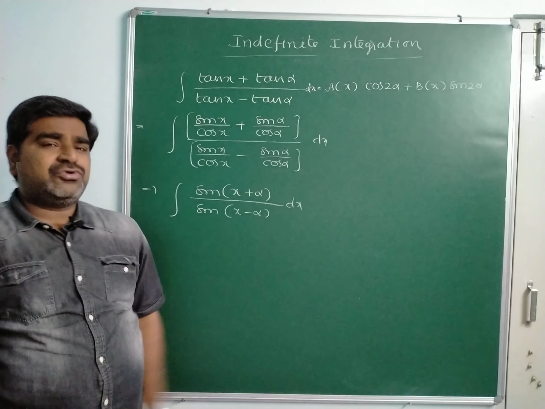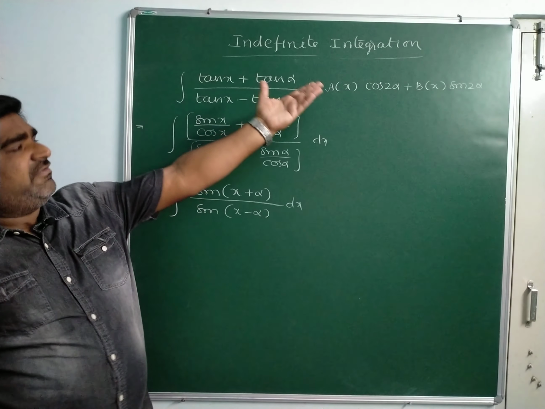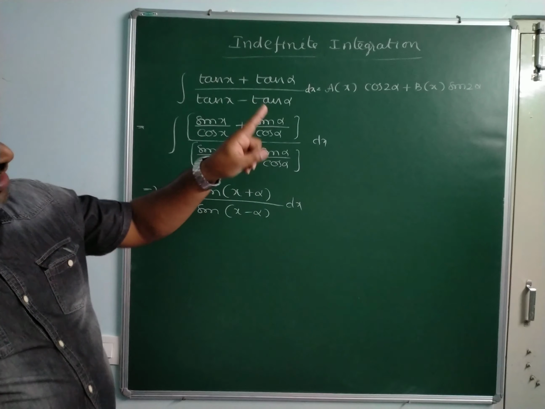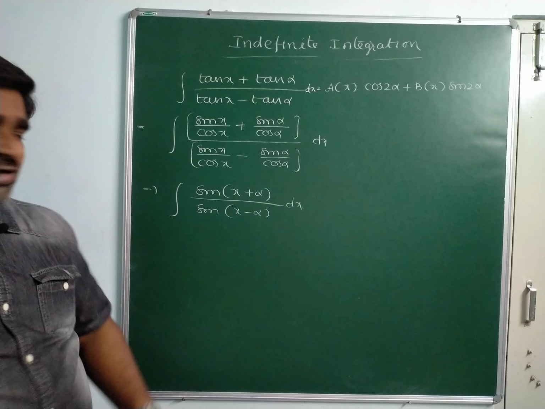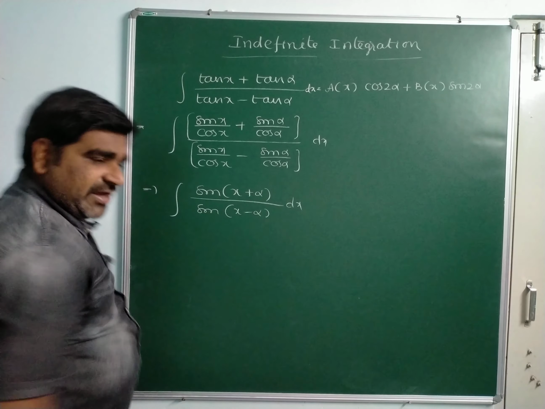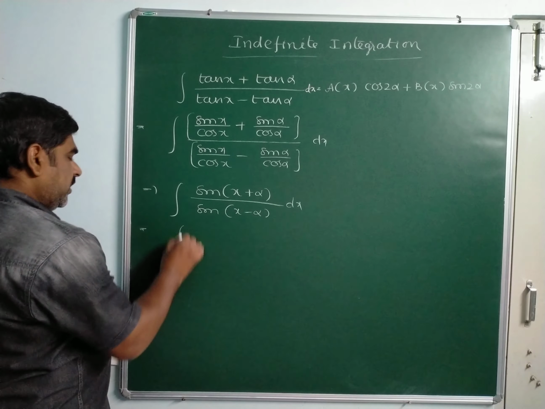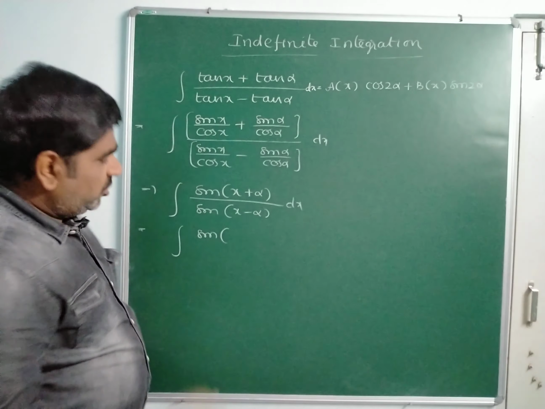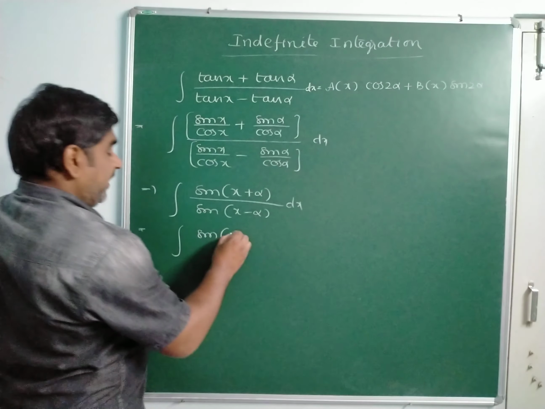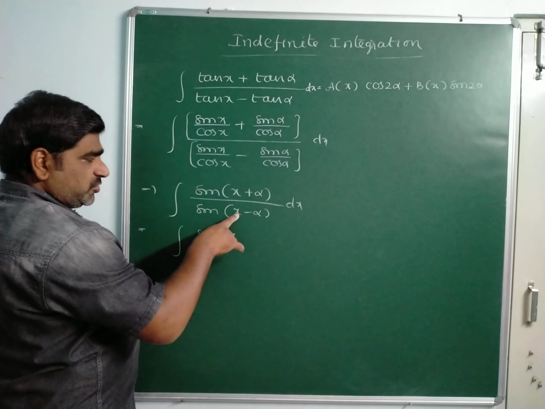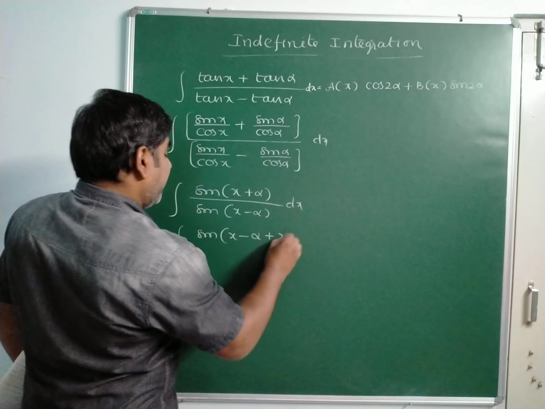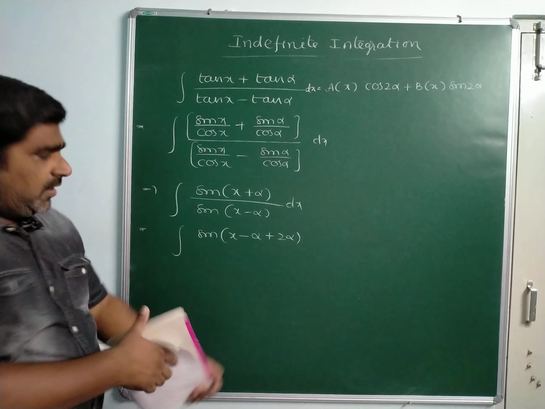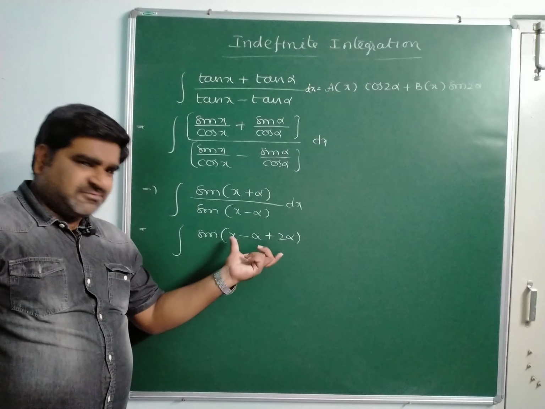And then after that, what do we have to do? Once observe the given answer again. In the answer, there is 2 alpha. So how do you get 2 alpha here? It's very simple. Observe the denominator: x minus alpha is there, so the numerator can be adjusted based on the denominator. So sin of x minus alpha plus 2 alpha, and x minus alpha plus 2 alpha is nothing but x plus alpha, no?